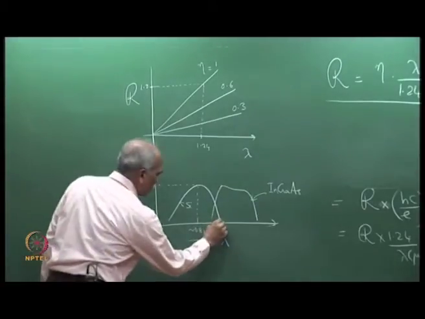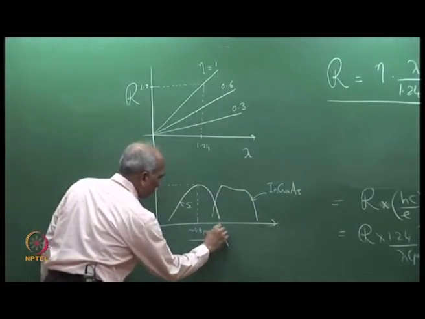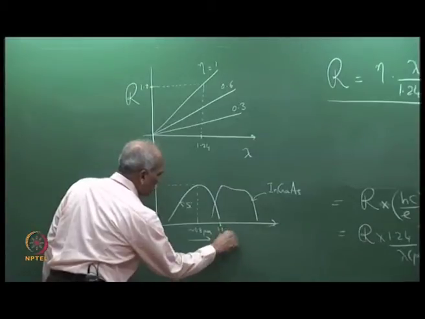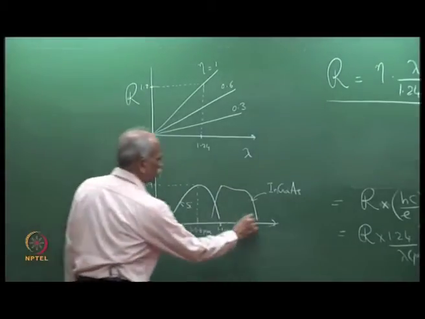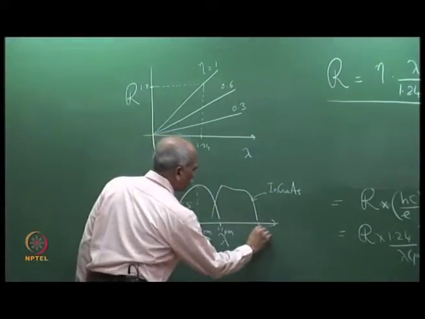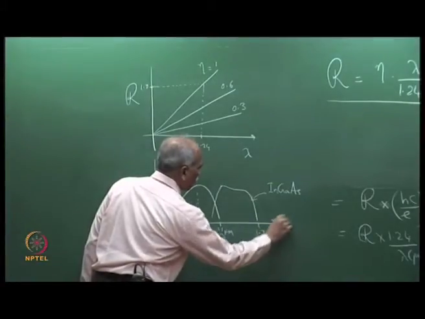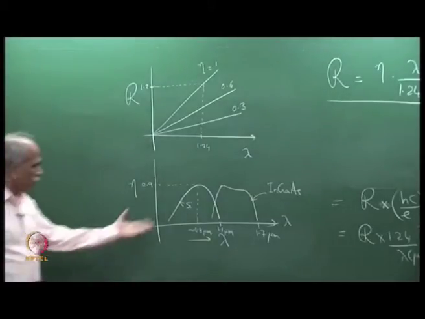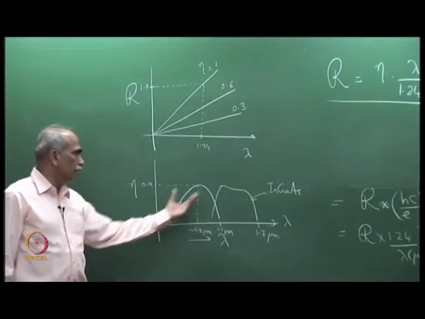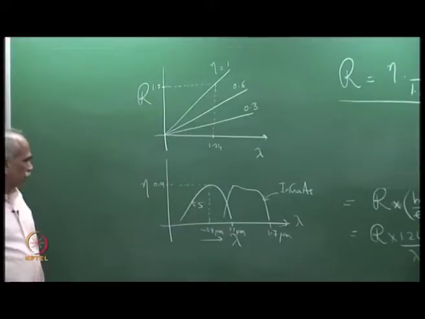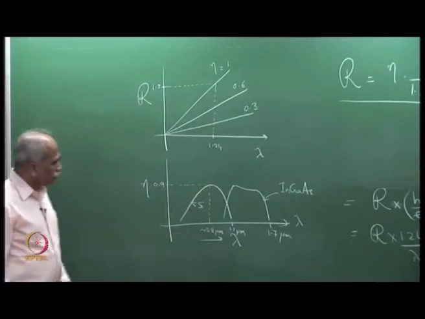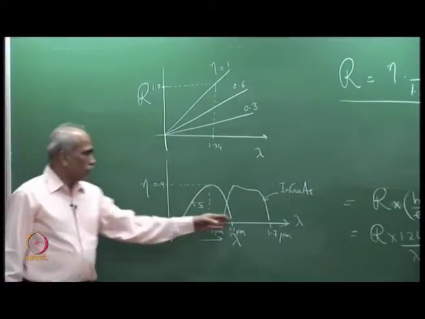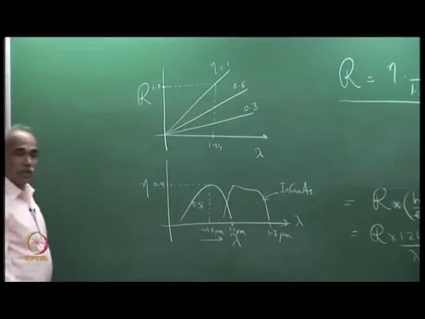And this goes down to 0 around 1.1 micrometer here, and this goes down to 0 around 1.7 micrometer approximately. So, what I have plotted is lambda versus eta for typical detector materials, silicon and indium gallium arsenide. Now, why does the quantum efficiency go down at both the ends here?